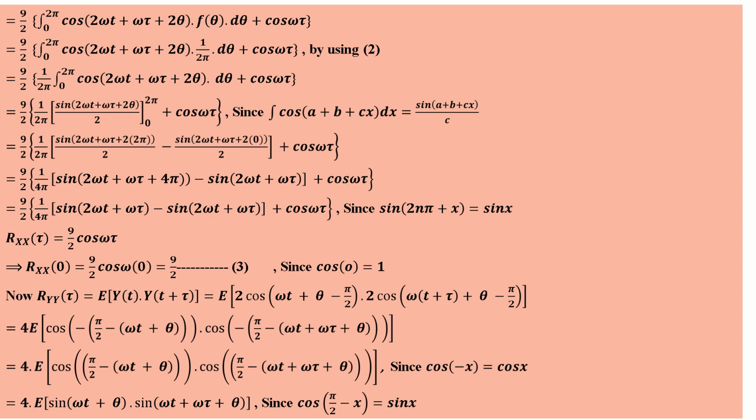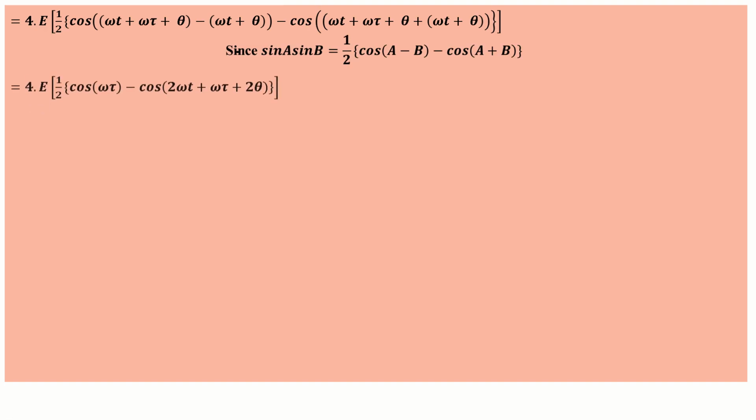So 4 into the expected value of sin omega t plus theta into second term sin omega t plus omega tau plus theta, right? Now we use the sin a sin b formula, 1 by 2 cos a minus b minus cos a plus b.